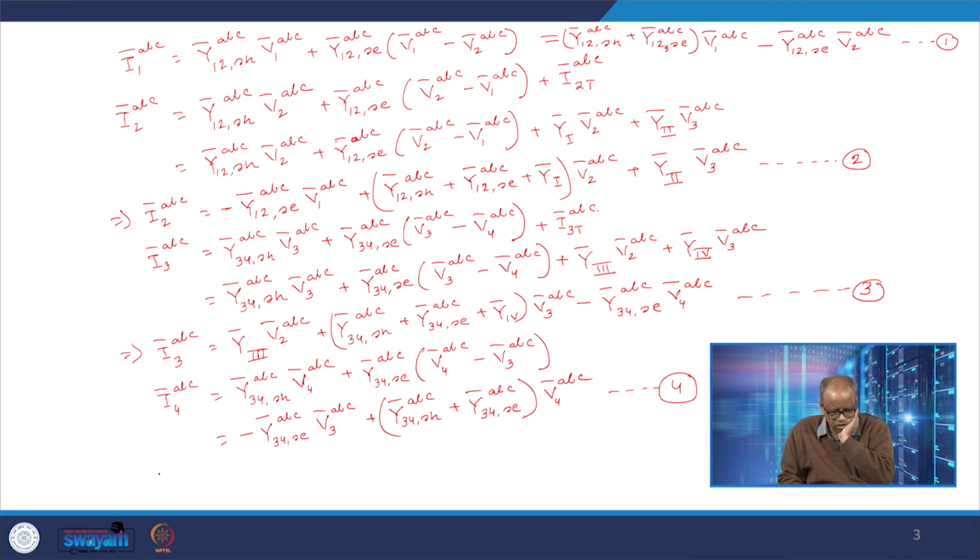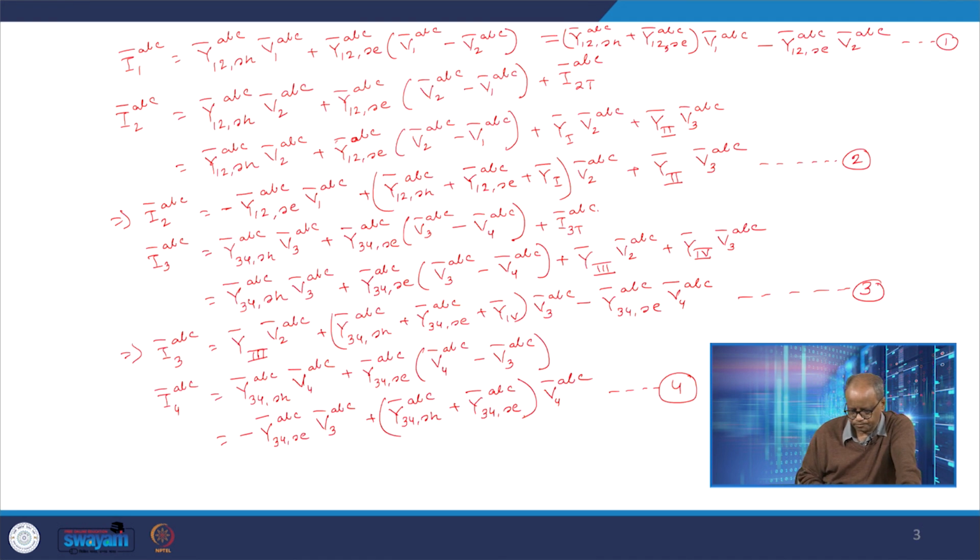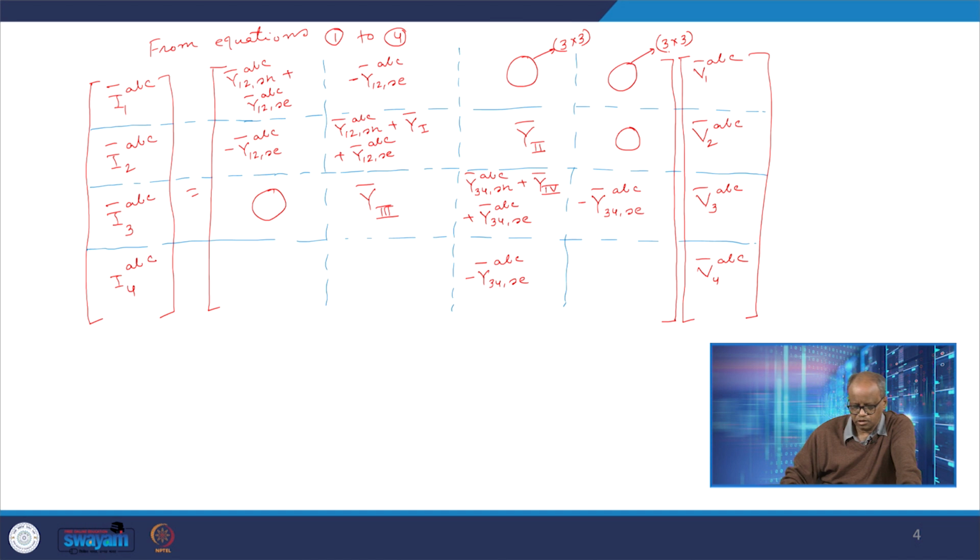And lastly, minus Y3 4 AC V3, so it is minus Y3 4 shunt.